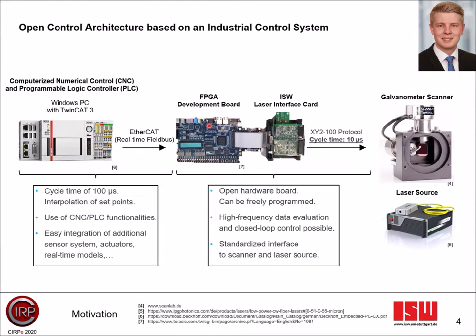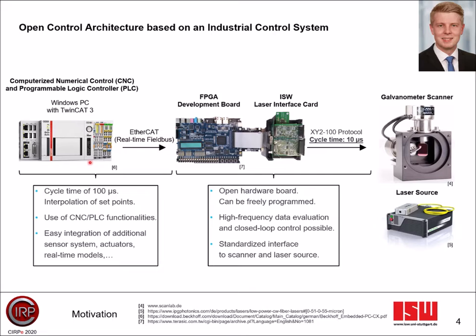In order to obtain the necessary freedom and to be able to change parameters during the process, we have developed a new control architecture. Our architecture consists of an industrial control system, here Beckhoff TwinCAT 3, and a custom interface card connected to an FPGA board. The industrial control contains a CNC and PLC.